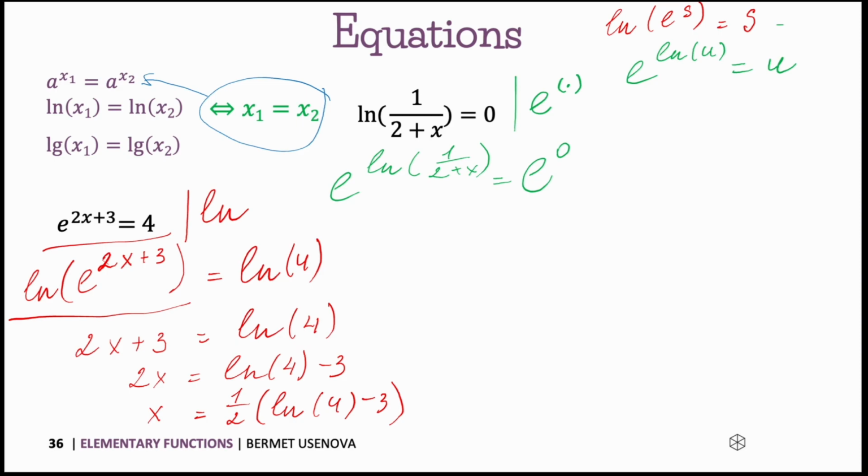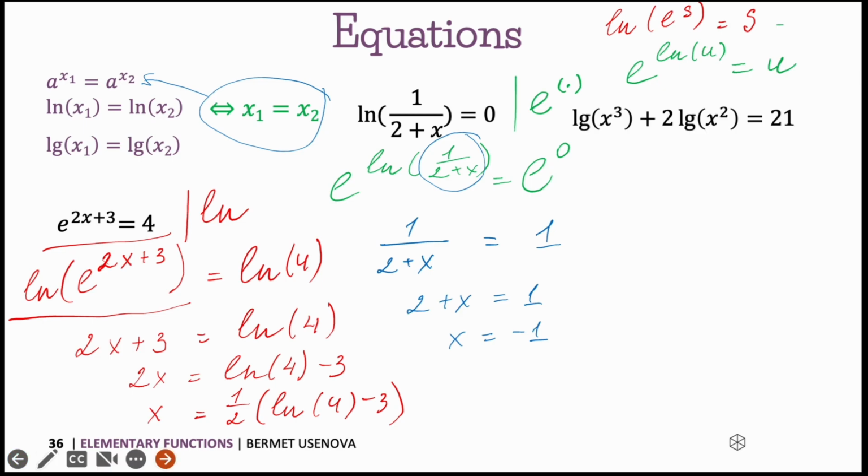It means that this expression is equal to this one here. So 1 divided by 2 plus x equals 1. Then we have a very simple equation where 2 plus x is equal to 1 and x is equal to minus 1.